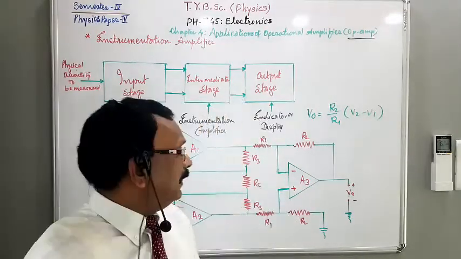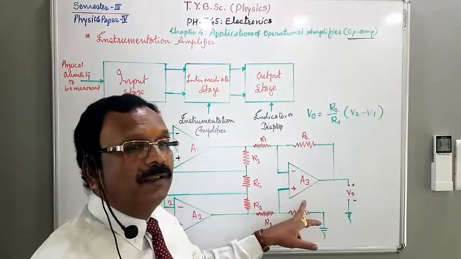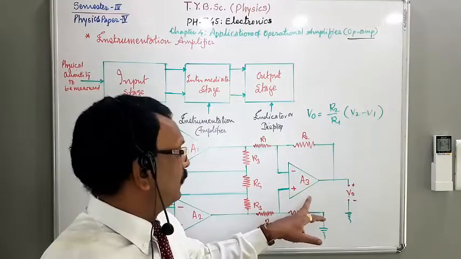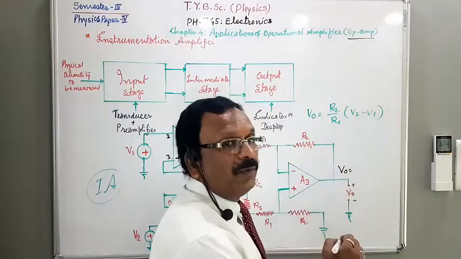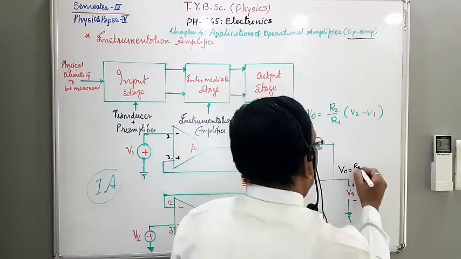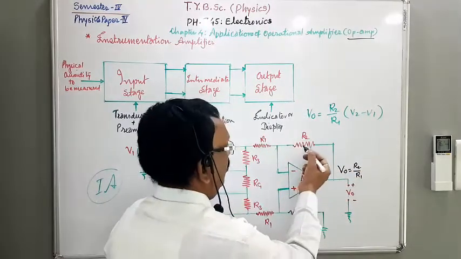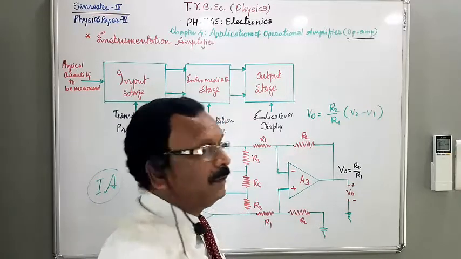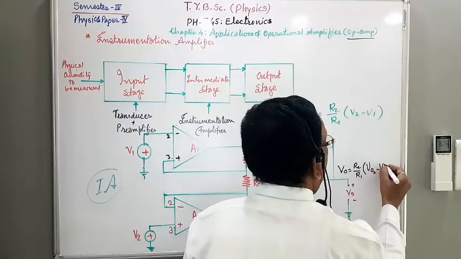For op-amp A3, we are going to concentrate here. For op-amp A3, the output VO is equal to R2 upon R1 in bracket VO2 minus VO1.